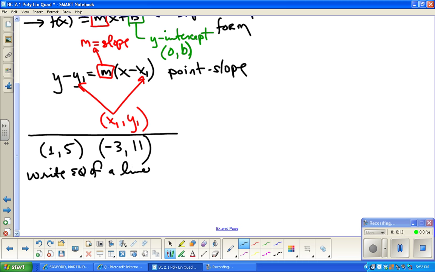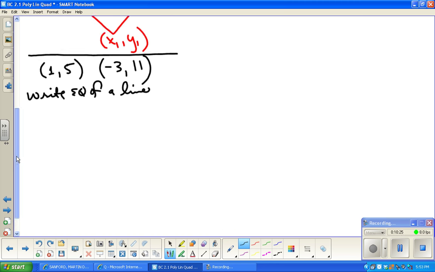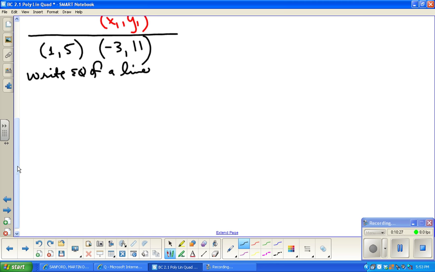So the instruction might say something like, write the equation of a line passing through those 2 points. Or it might say, write a linear function that includes those 2 points. Okay? Well, you need to know 2 pieces of information to write the equation of a line. So you need slope and a point.